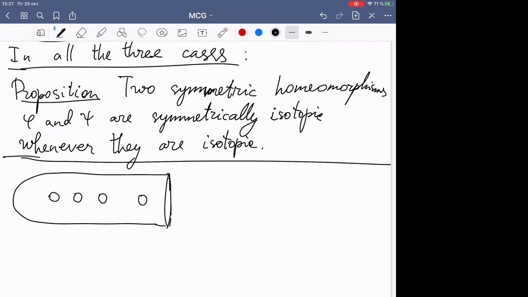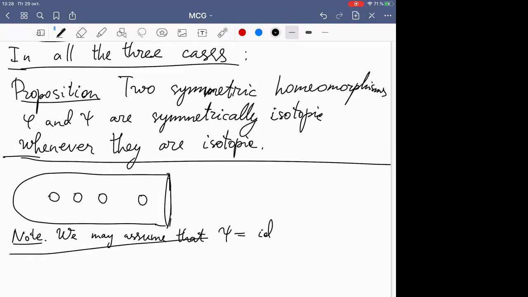Well, first of all, let us note that we may assume that psi is just the identity homeomorphism.